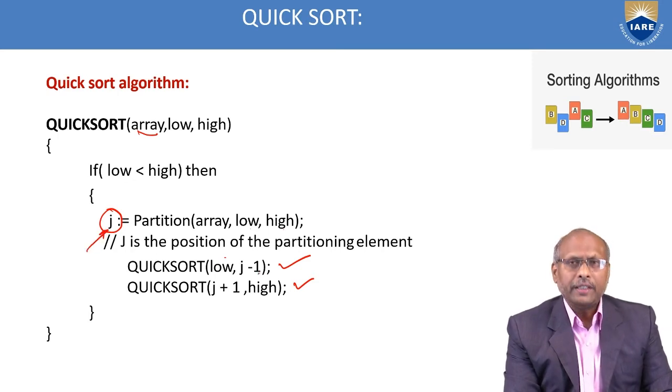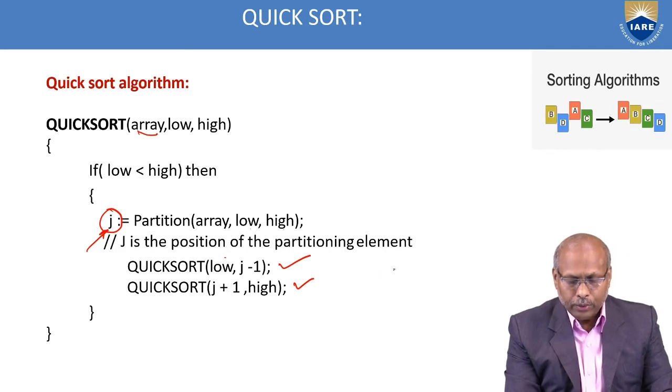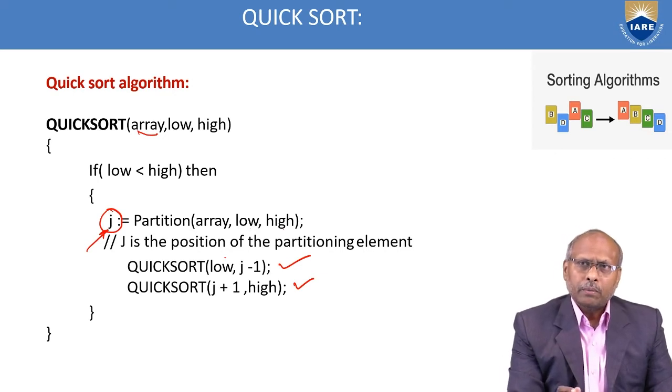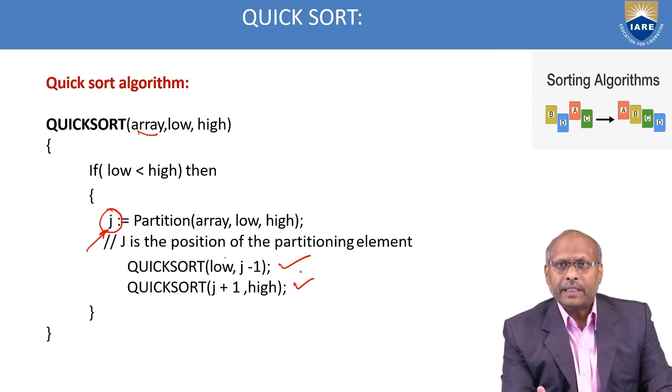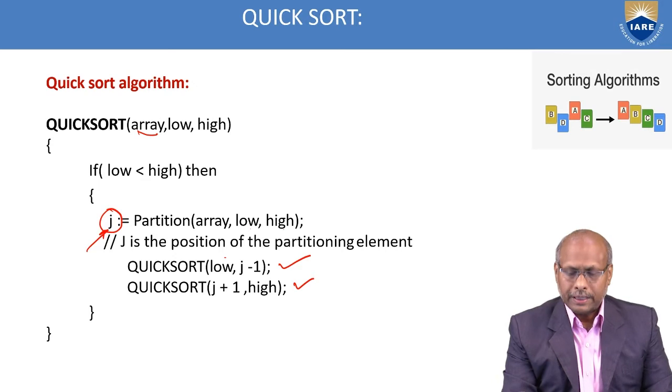After getting the partition point, you will divide the list into two parts. Wherever j is, j is the position of the pivot. So below j will be the first part, after j will be the second part. It is dividing into two partitions, because I told you it is a divide and conquer algorithm. Now you see the partition algorithm.